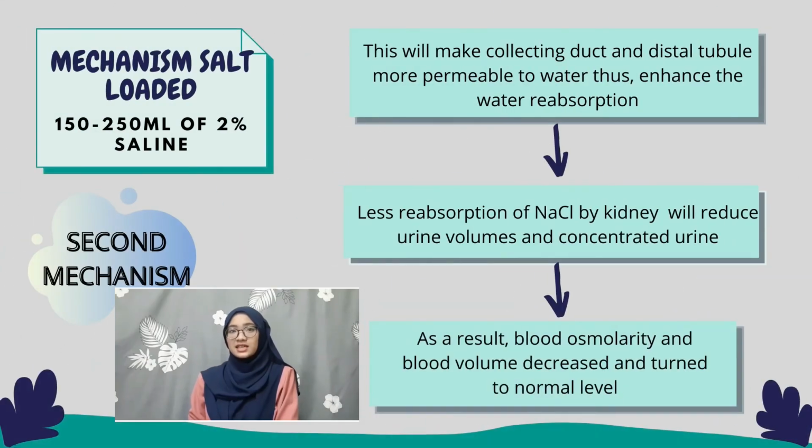This will make the collecting duct and distal tubule more permeable to water, thus enhancing water reabsorption. Less reabsorption of sodium chloride in the kidney will reduce urine volume and produce concentrated urine. As a result, blood osmolarity and blood volume decrease and return to normal level.